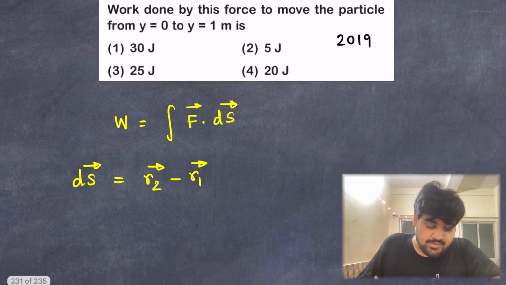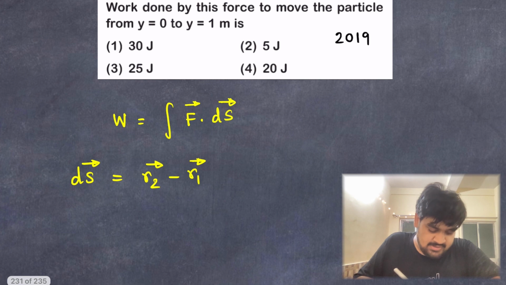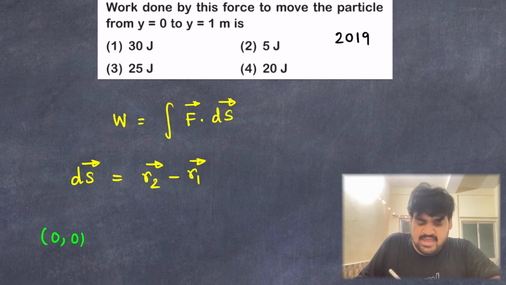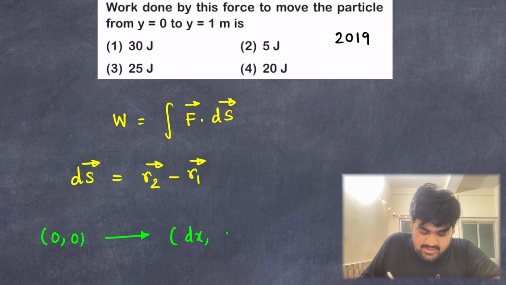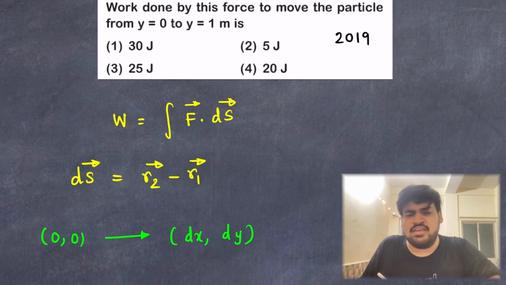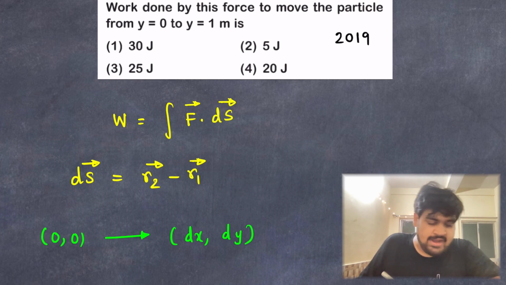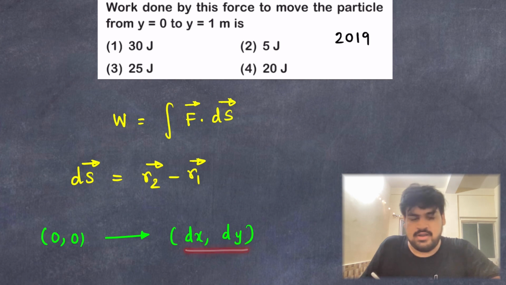Suppose there is a particle at 0 comma 0, and finally the particle went to dx comma dy. The particle traveled a very small distance and went from 0 comma 0 to dx comma dy.